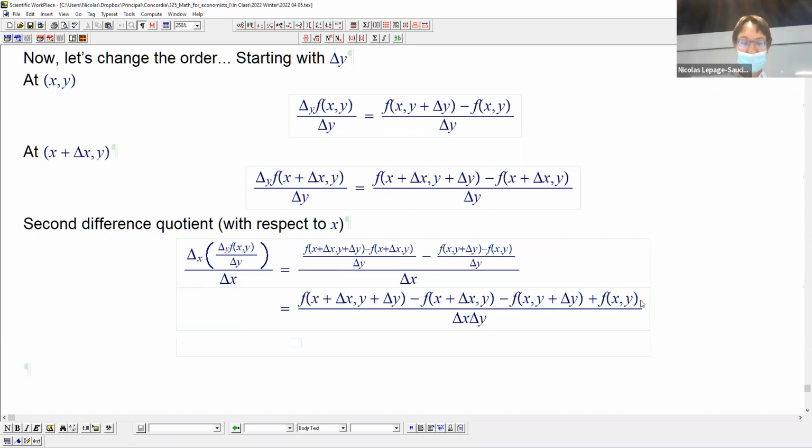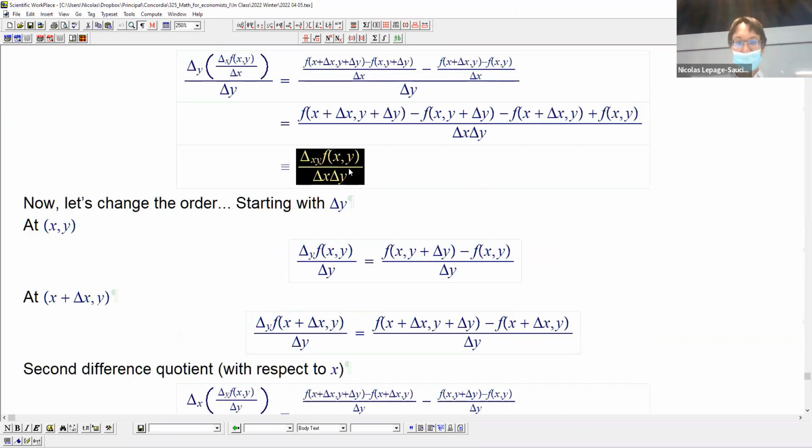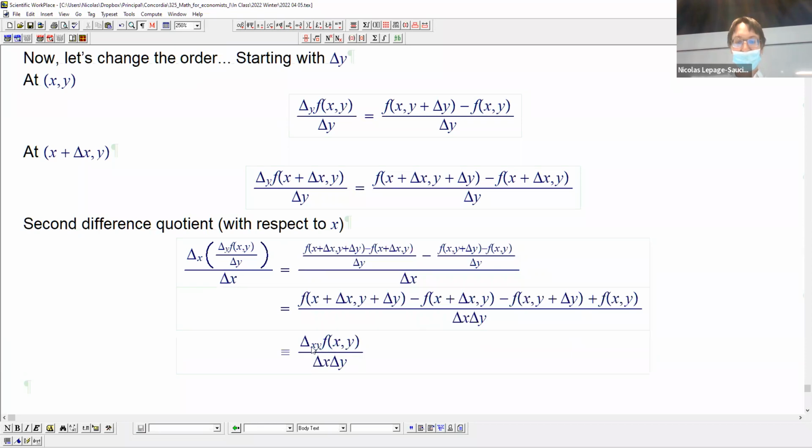This you could write the same way, so that would be equal to the second difference, but starting with y.